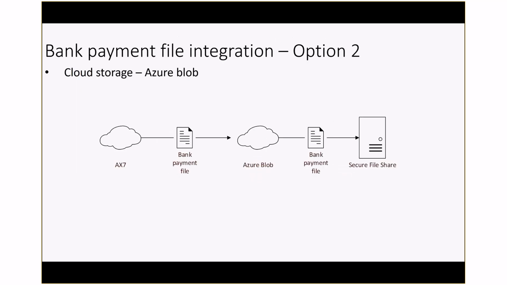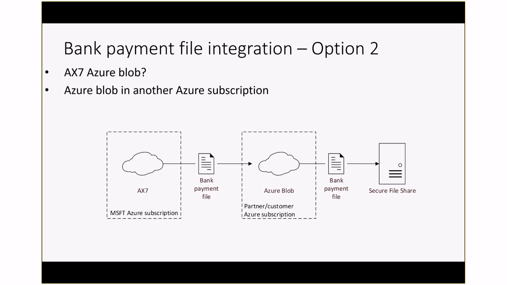Right? So another thing that you can think about is taking that same payment file and putting it to a blob storage, and having another daemon process or another client that reads from the blob storage and writes it to a secure file share. Once again, the question then becomes, which blob storage do you want to use?